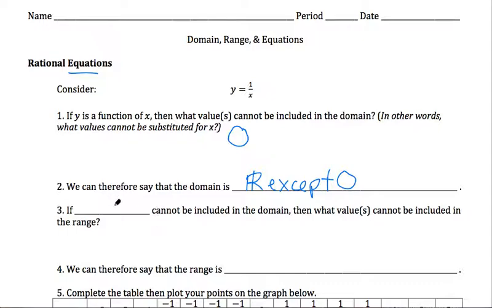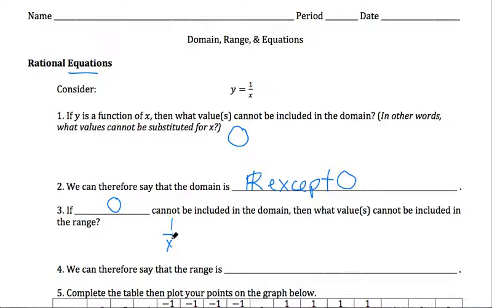Now, if we cannot include 0 in the domain, then what values cannot be achieved or included in the range? You can start trying to experiment and guess, but if you think about the fact that the numerator of this function is 1, then no matter what we do, we can't change that 1. The x is in the denominator.